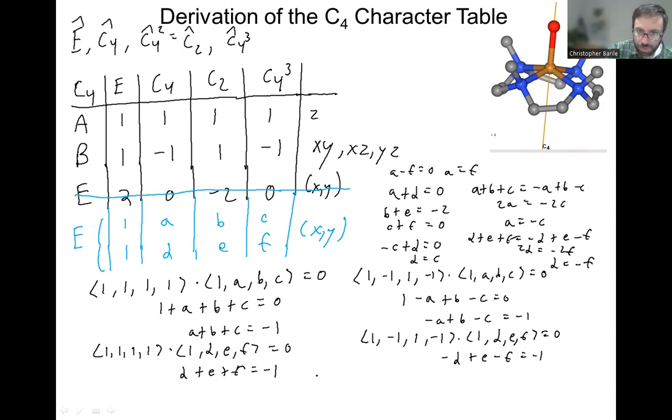And so we're going to go down here just to write some more relationships that we know. We know A plus B plus C equals -1. We know that A equals negative C, so I'm going to plug that in for A, plus B plus C equals -1.